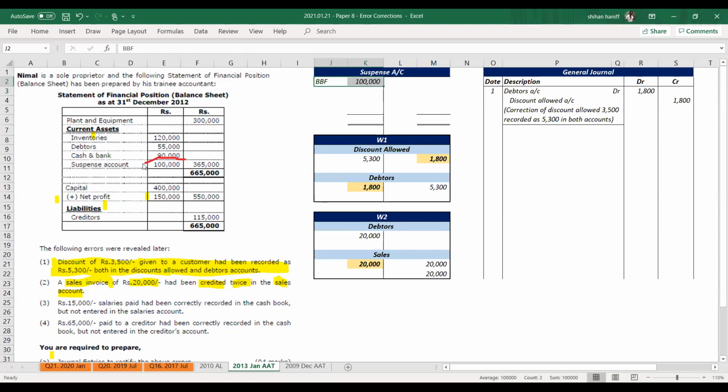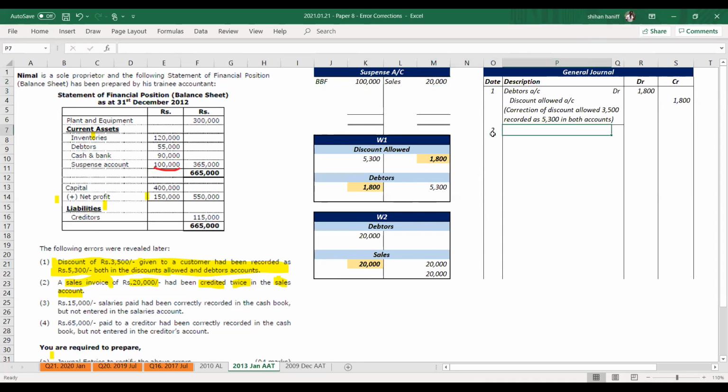It is recorded as a current asset, so we have to take that. Double entry for the correction of sales: sales account debit, suspense account credit 20,000.